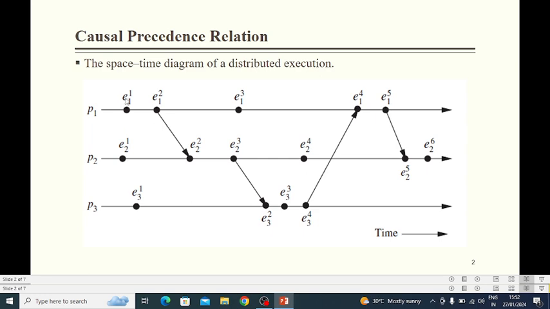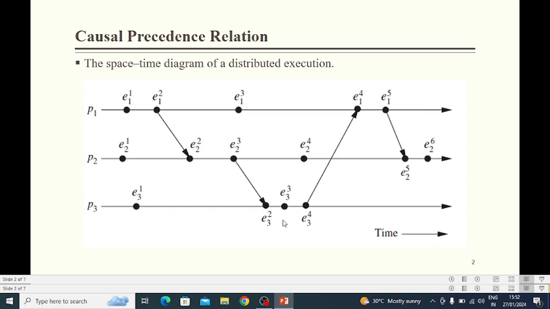This is the event E11, the first event available in the first process. That is why we are calling it E11. And the next is the third process, and the next event is the third event in the third process. That is our E33.